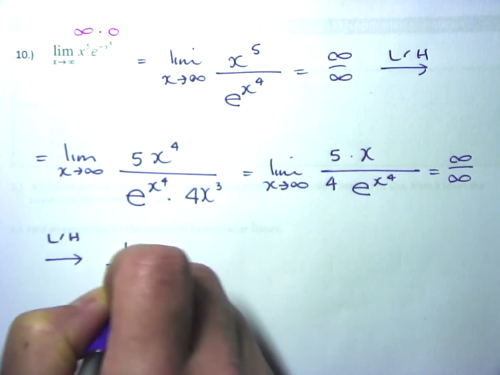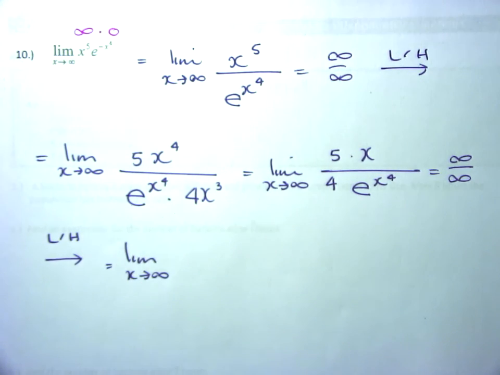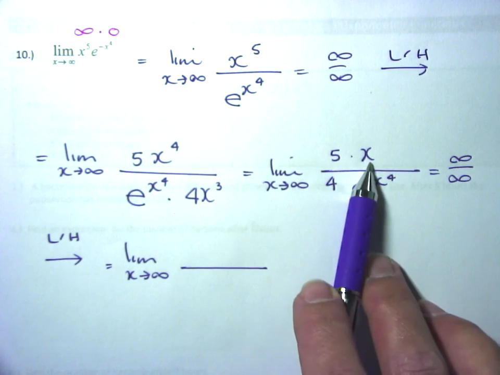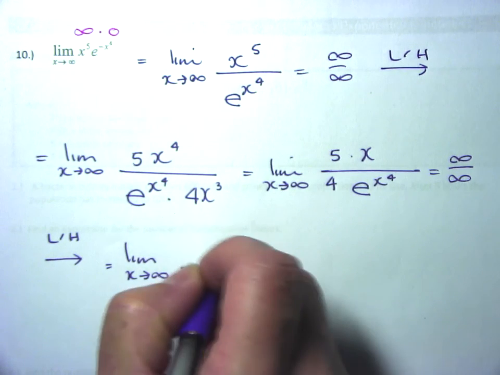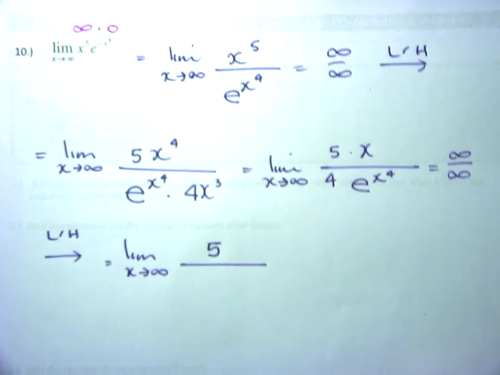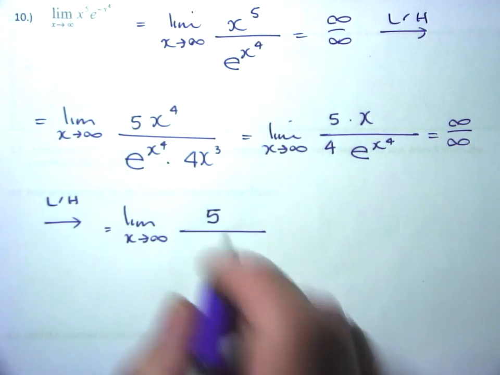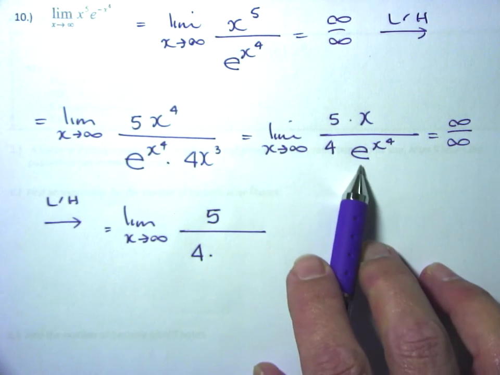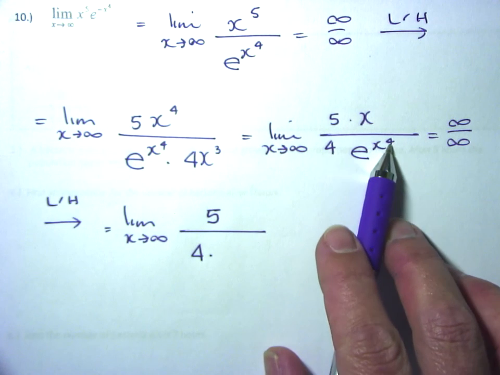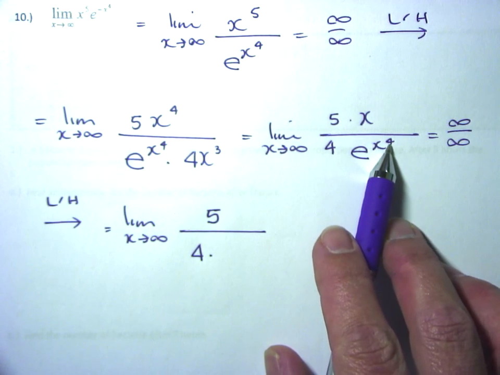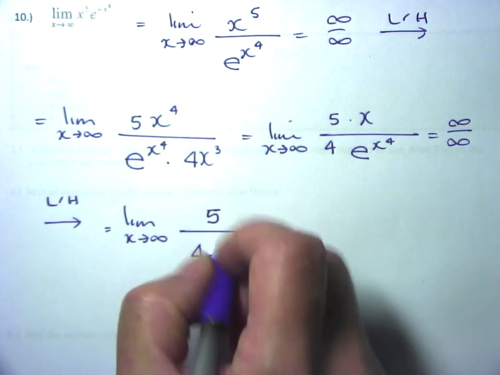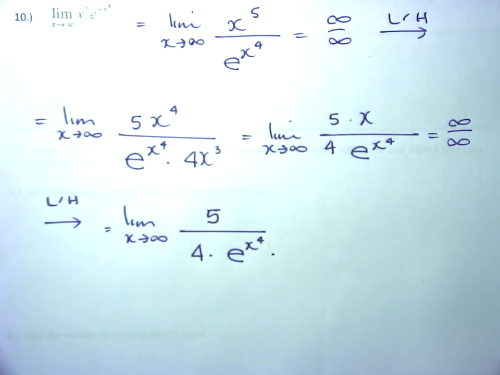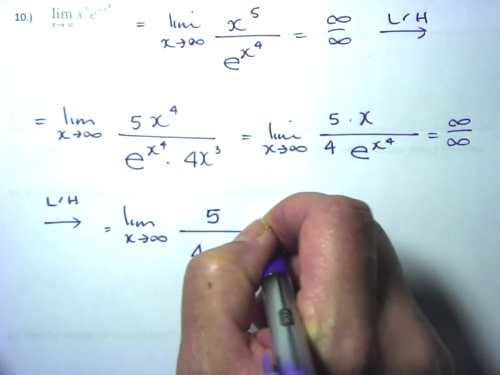So we will have the limit as x approaches infinity. All right, the derivative of 5x is just 5. 4 is a coefficient, so just leave it alone. Coefficients hold over. And again, the derivative of e raised to the power x to the 4th is e raised to the x to the 4th, times the derivative of the inside.